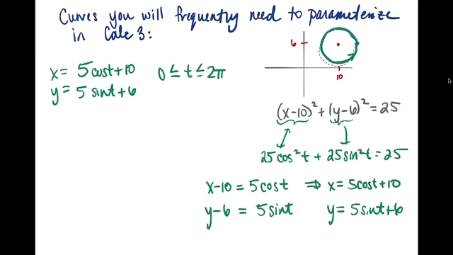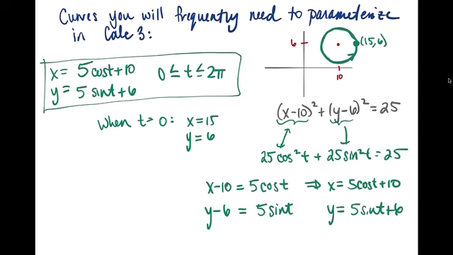In fact, let's see when t equals 0, just to show you where you're going to start out. When t equals 0, we end up here at x is 15 and y is 6, which is exactly this point right here. Okay, so that's the easiest way to parameterize a shifted circle.